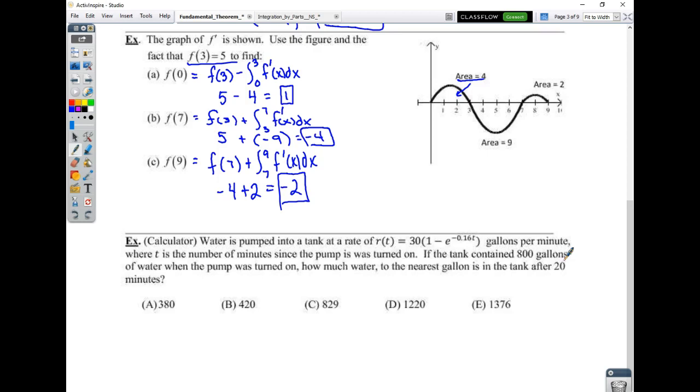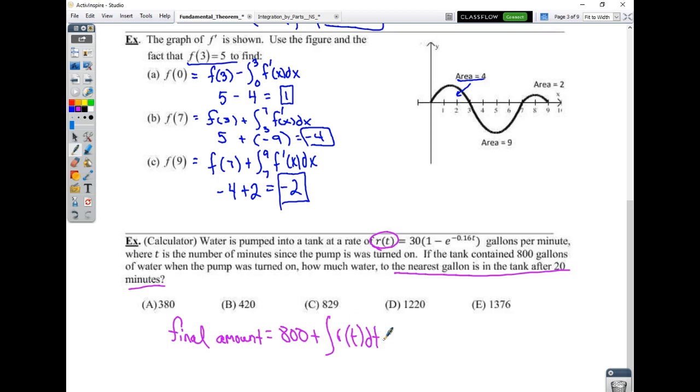So what we have to realize is we have a rate, and specifically we want to know how much is in the tank after 20 minutes, so we are looking for a final amount. Well, if we want a final amount, the way we find that is we use an initial amount, 800 gallons, plus an integral of our R of t function. We just have to decide from what times.